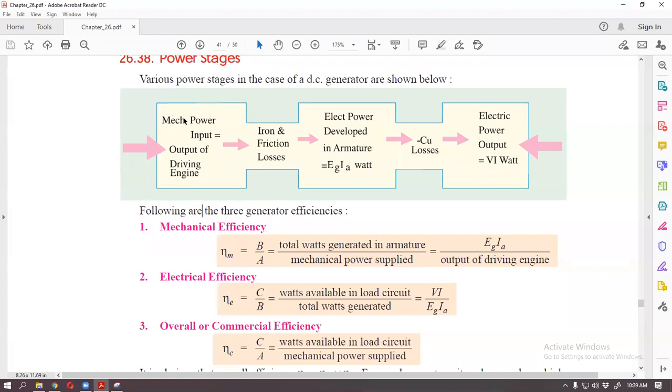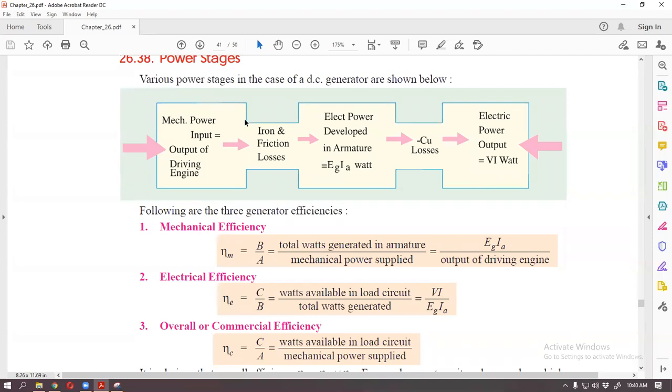Mechanical power input or output of the driving engine: you know this value, BHP, brake horsepower, into 746. This is the mechanical power input. So this is the total generation input, and this is the total generation output.